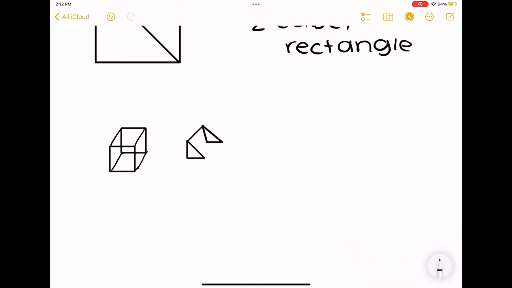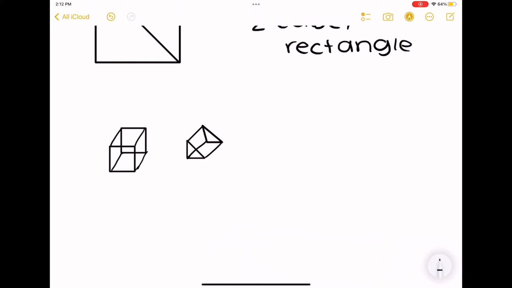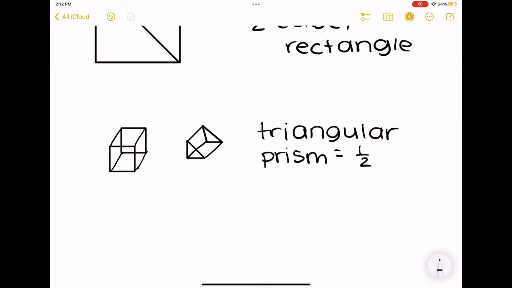So we can infer that in order to find the volume of a triangular prism, we're going to be taking half of the rectangular prism that we could fit this triangular prism in. So the triangular prism formula is 1/2 of the cube or the rectangular prism.